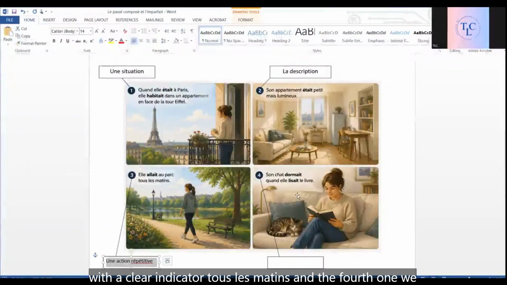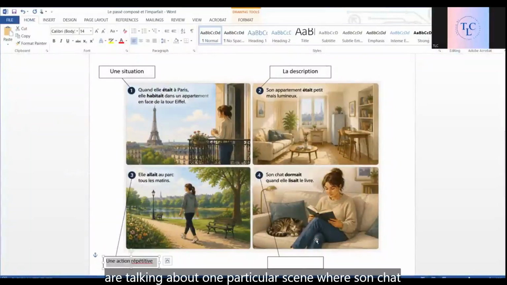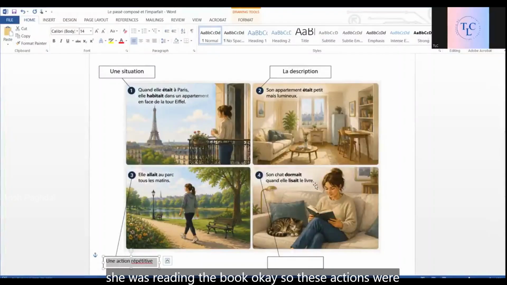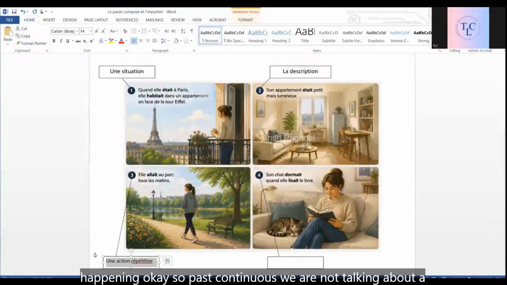And the fourth one, we are talking about one particular scene where son chat dormait quand elle lisait le livre. Her cat was sleeping when she was reading the book. Okay, so these actions were happening. So past continuous.